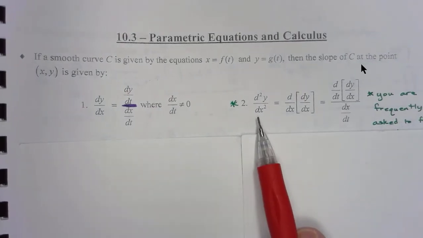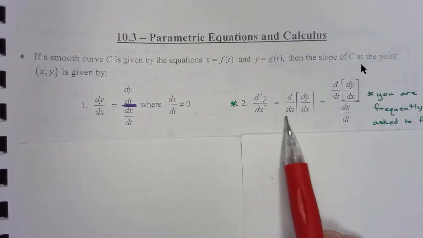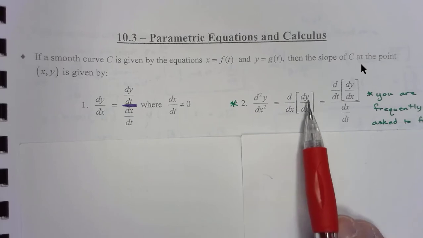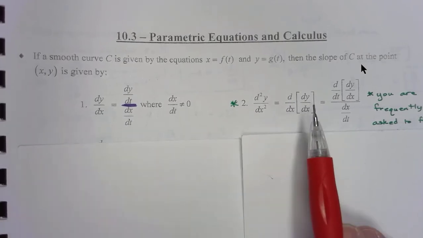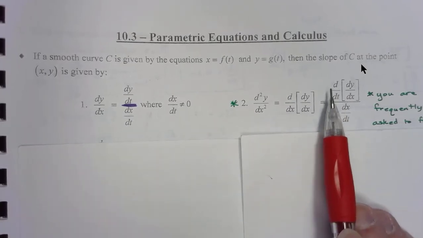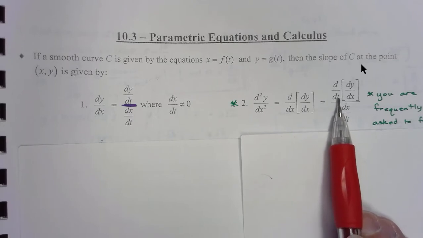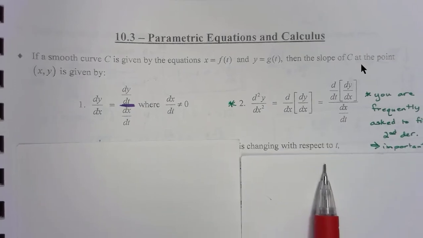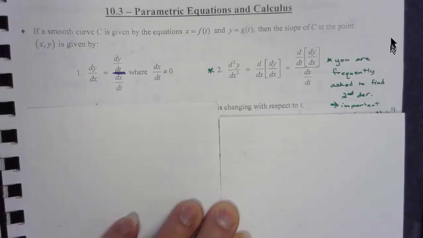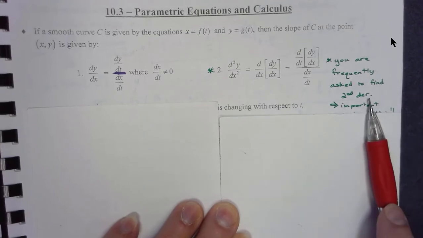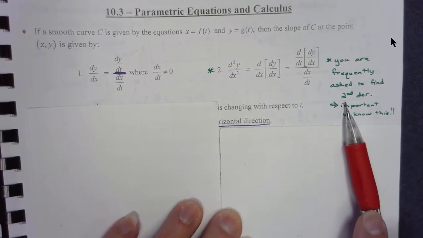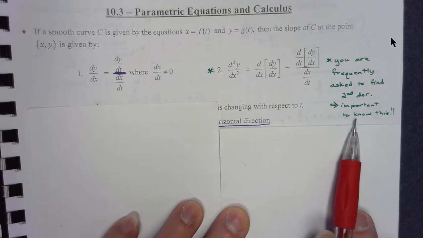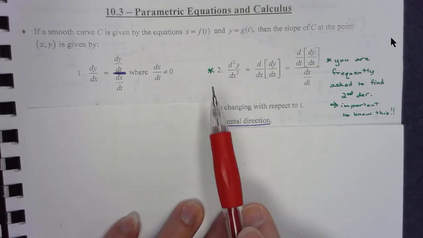Now, our second derivative would be the derivative with respect to x of dy/dx, which is the derivative with respect to t of dy/dx over dx/dt. You are frequently asked about the second derivative on the AP exam, so it's important that you know this.